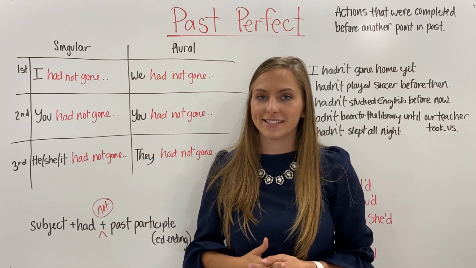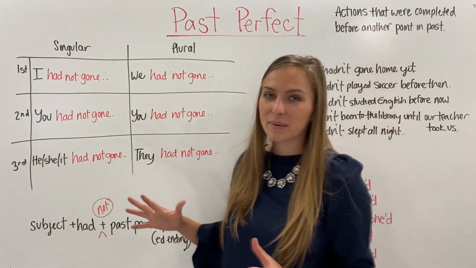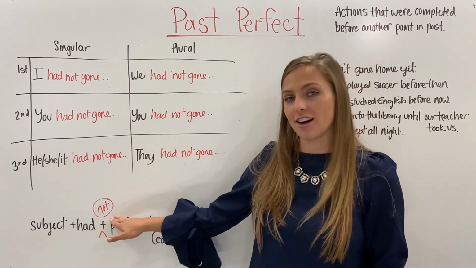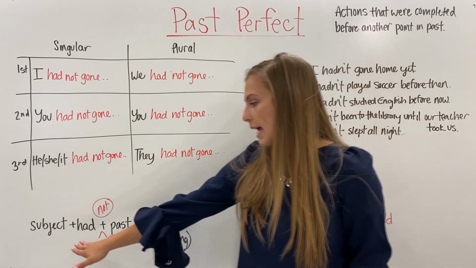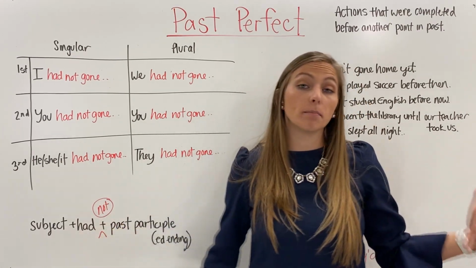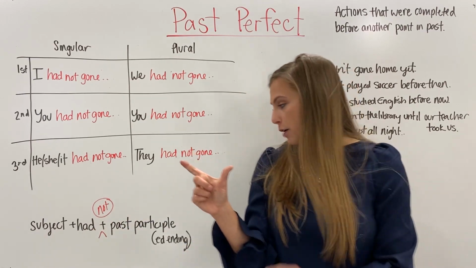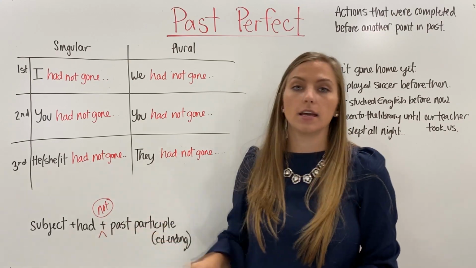For negative sentences, you might already know what to do now. The only thing we have to do is just add our negative. Our negative is not. We always add the negative between our helping verb and our main verb. So our helping verb here is had, and our main verb is the past participle. So we are going to use not in between there.